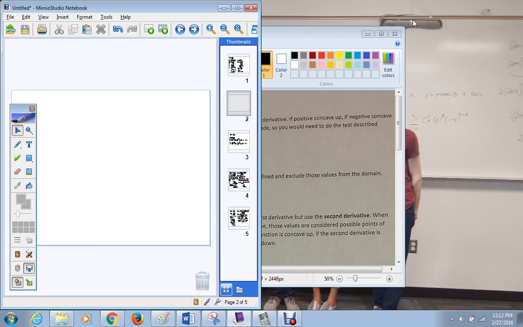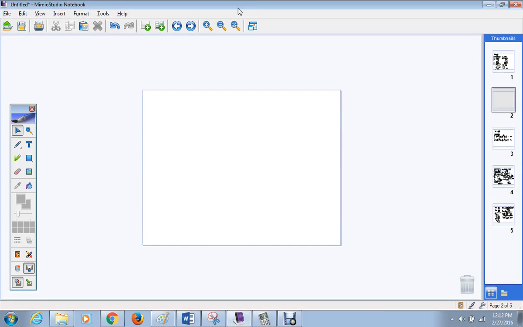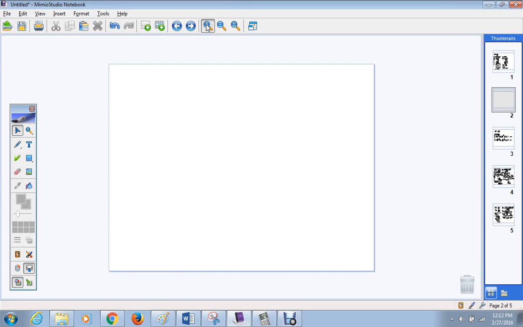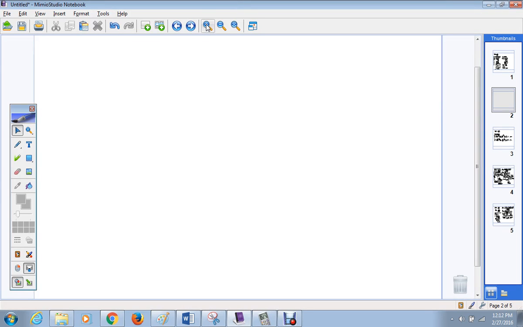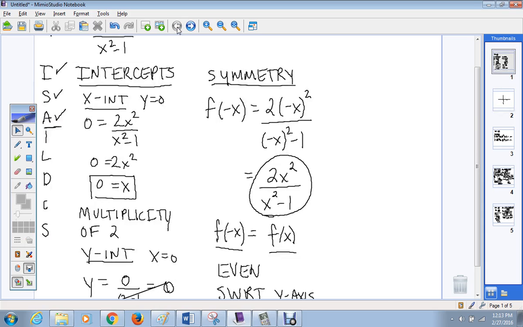Okay. So if we looked at our information now, we said we had x-intercepts at 0, and it has a multiplicity of 2.